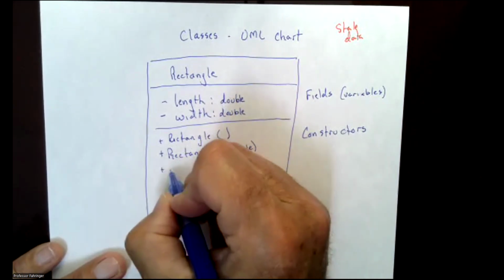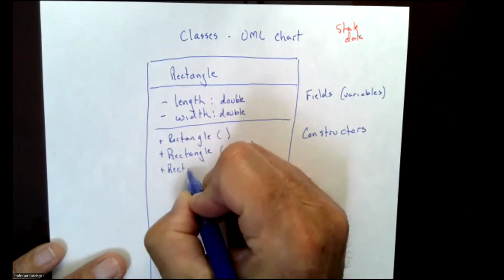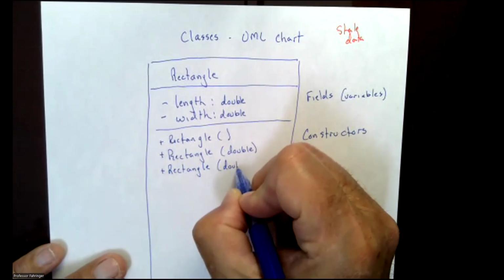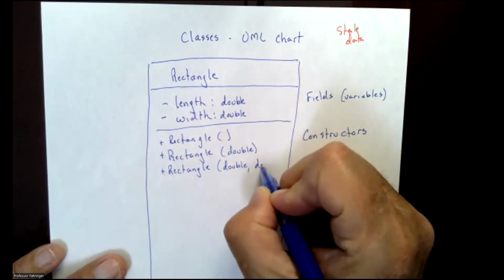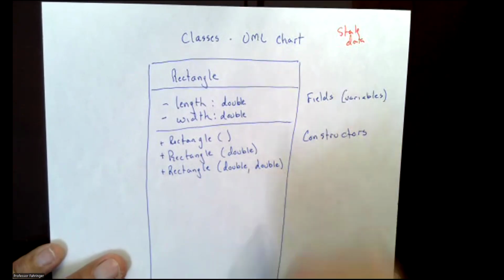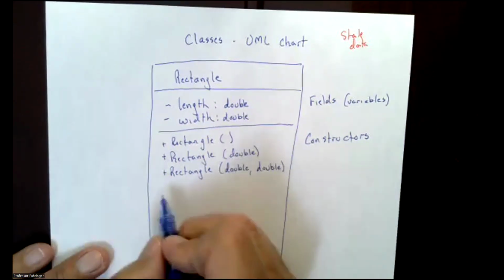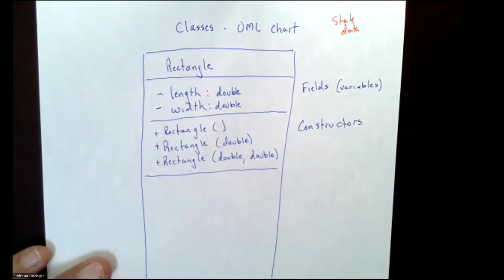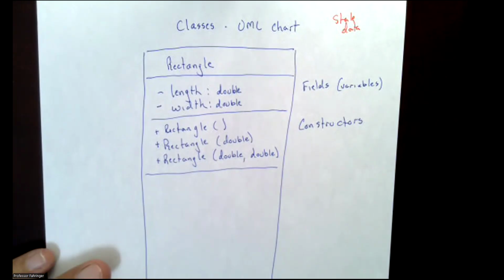Or I could have had another overloaded constructor with a double, first one goes to length, a double, second one goes to width. Sounding familiar? Yeah, buddy. This is all from 121.